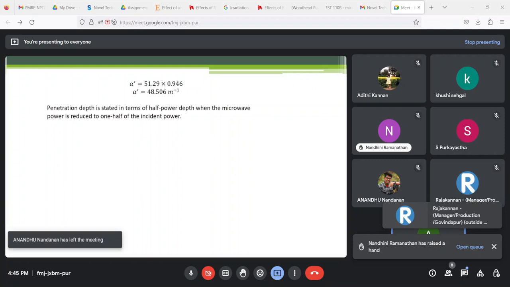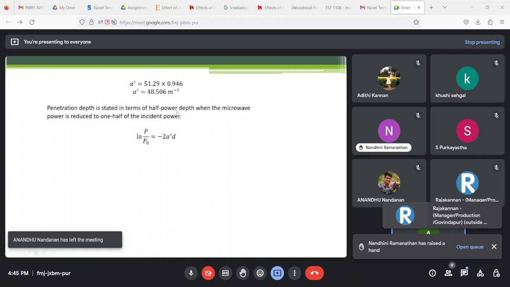You sent some amount of watts of power, and now the power has become half of that at 10 centimeters. I'm just giving an example, I'm not saying the answer is 10 centimeters. If at 10 centimeters your power has reduced to half, then that 10 centimeters is known as the half power depth. So at that point, your power P is equal to half of P naught, P naught being the incident power, or the initial power that you sent.